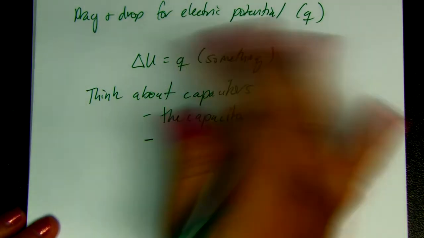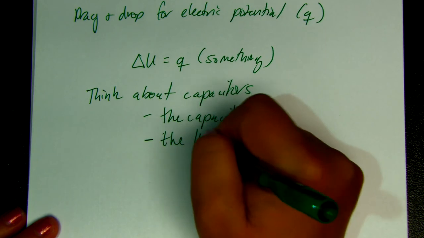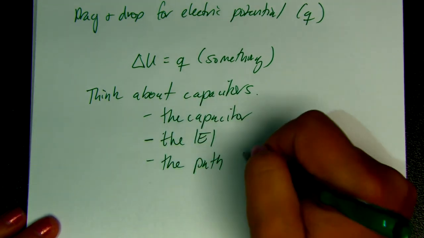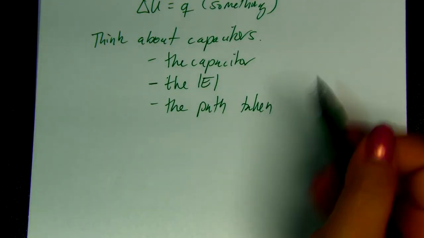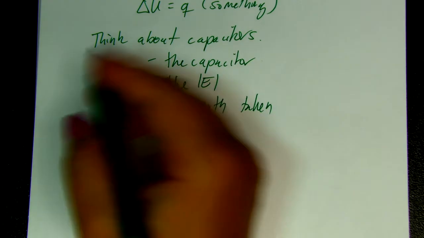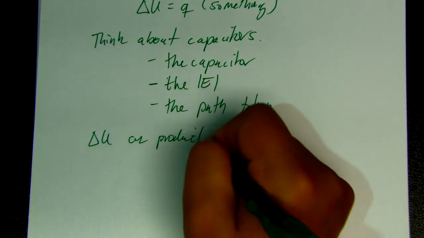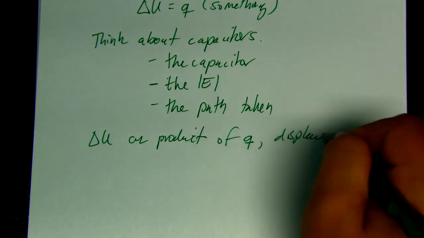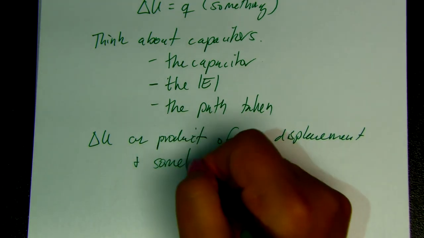There's no change in the field over that distance, so they're a nice start. That field and the path taken. So maybe we could rewrite delta U as a product of Q, displacement, and that special something else.